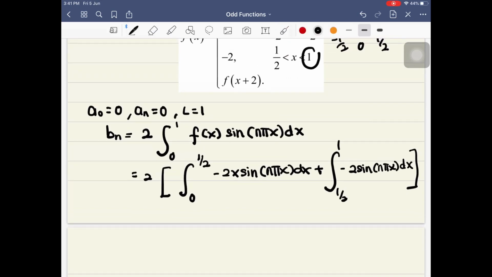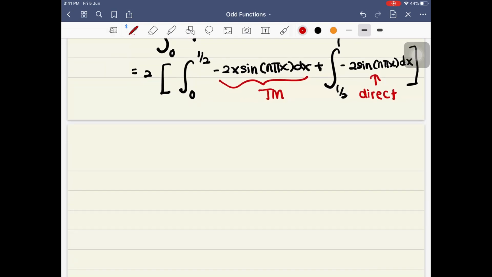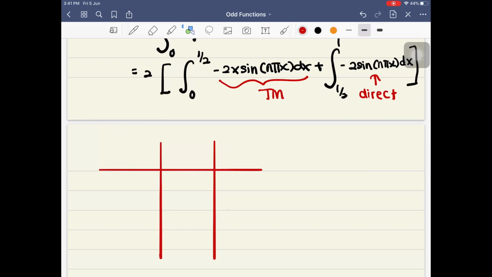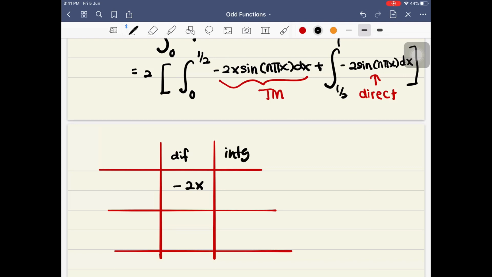Okay, so for this part here, you need to apply tabular method. But as for this one, this is direct integration. Okay, so let's just proceed with tabular method first. So you are going to differentiate negative 2x, and you are going to integrate sine n pi x.